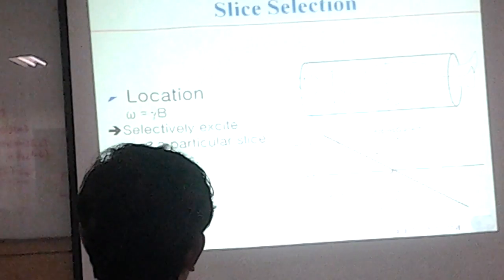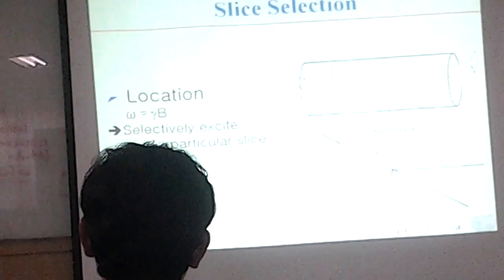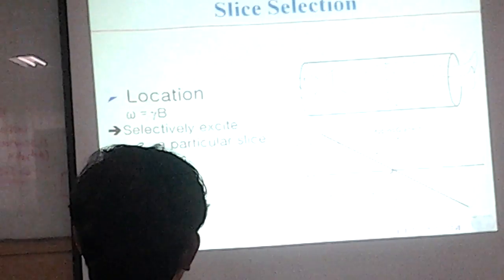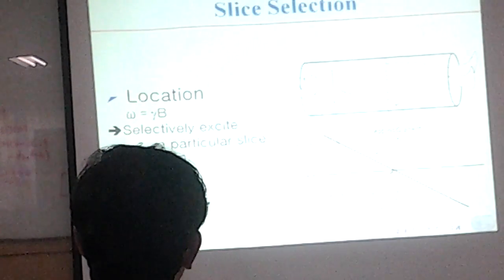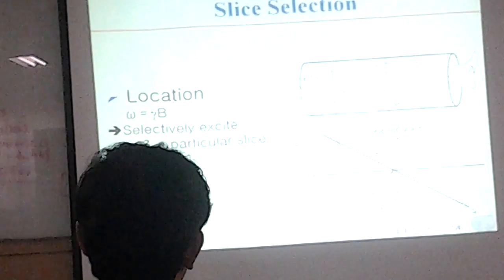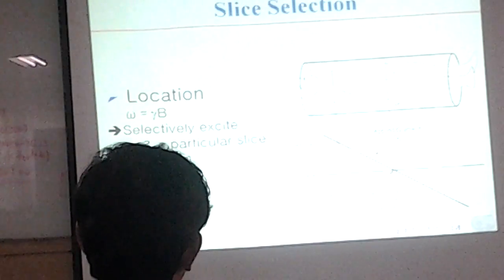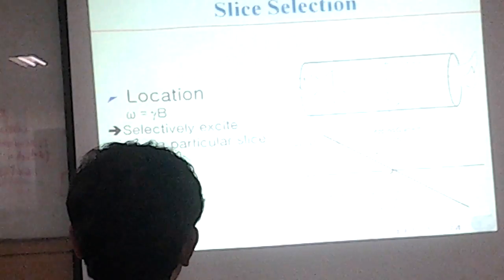The slice should be selected first. So to select the imaging slice, the gradient field is applied along the imaging direction, the slice direction. If you assume that the imaging slice direction is z, then the z gradient is applied like this.